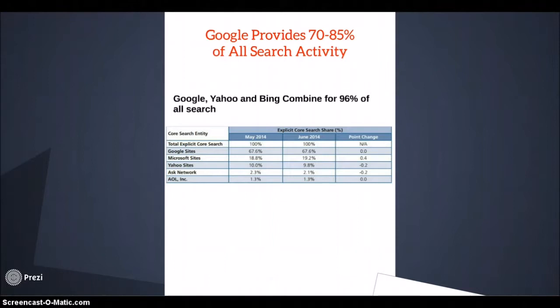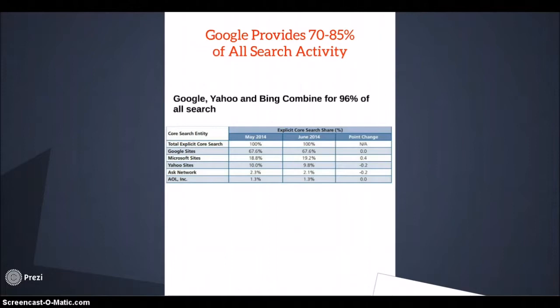So if part of your marketing is something that's not Google, Yahoo, or Bing, it's really focused on a very, very small 3 or 4% of the market. We believe it makes the most sense for any business to focus their initial online marketing efforts on Google because of Google's vast share of the overall market.